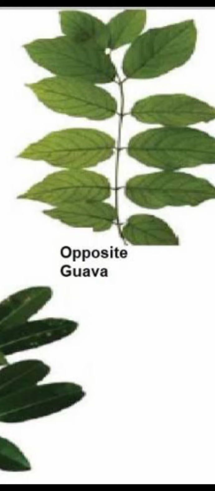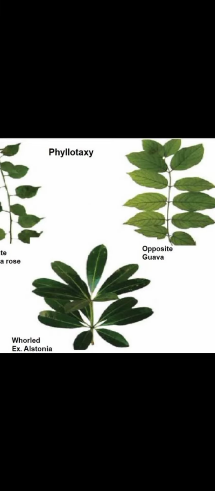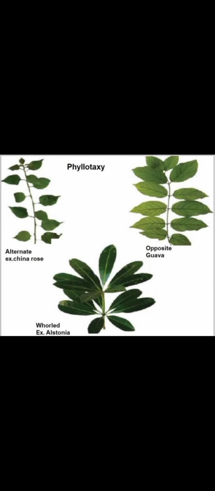And this whorled one is the Alstonia plant. In Alstonia it is whorled. Seven leaves arise from a single node. That is Alstonia scholaris. So that's all about the phyllotaxy.